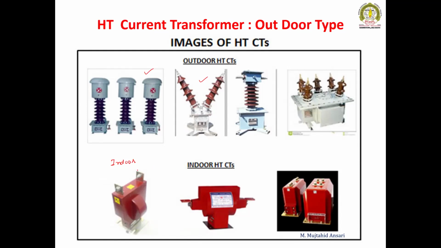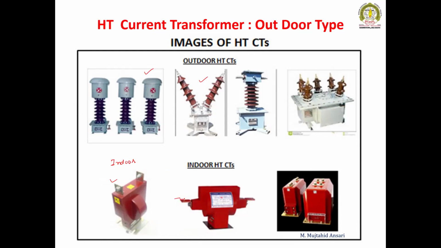Generally, we will see a single unit comprising CTs and PTs. So this is CT. This is primary terminal P1, P2, and from this side, we can get a secondary of 5 ampere.